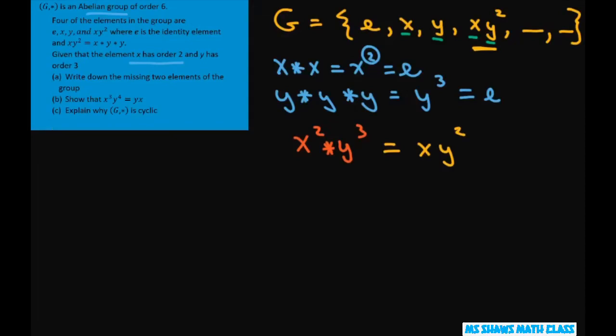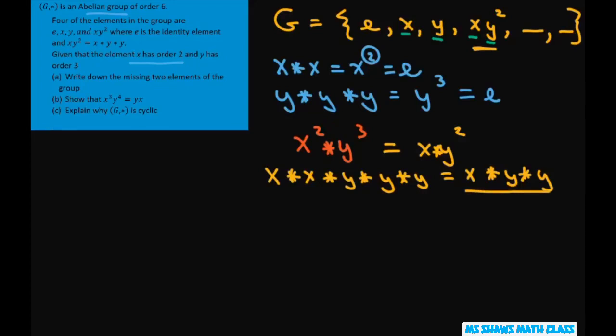So basically we have X star X star Y star Y, this should be X star Y star Y. So if we want this to equal E as well, then what we need is another Y and another X. So what we need is an XY. All right, so we can set these equal to each other.